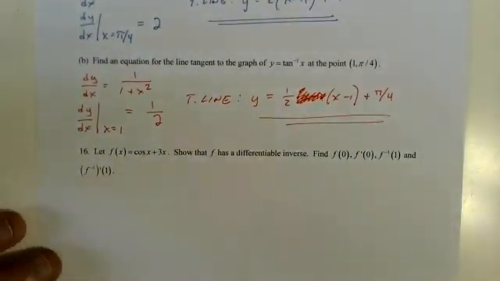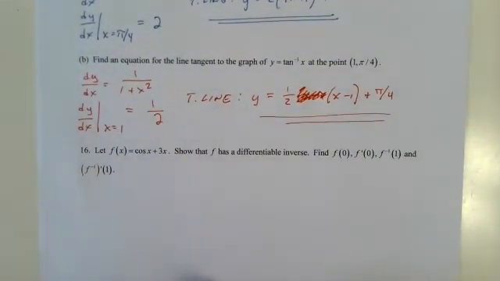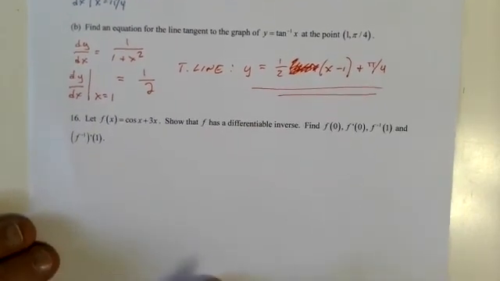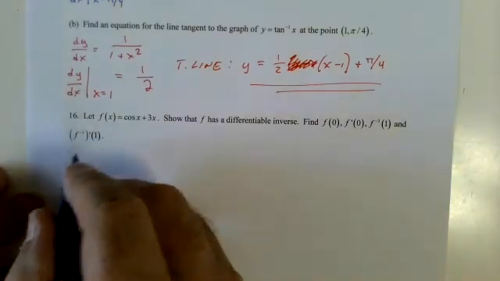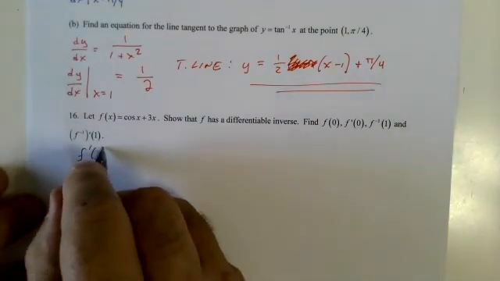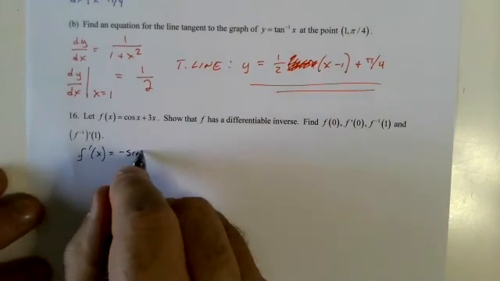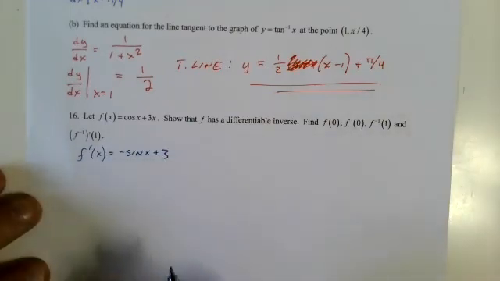Okay. Let f of x equal yada yada. Show that f has a differentiable inverse. F prime of x equals negative sine of x plus 3.